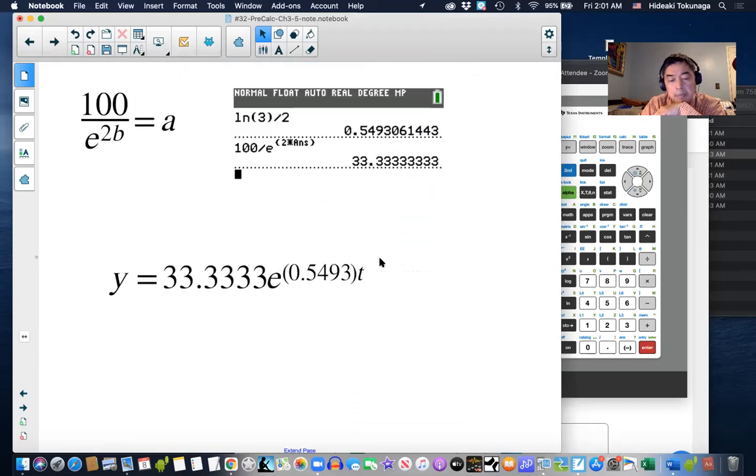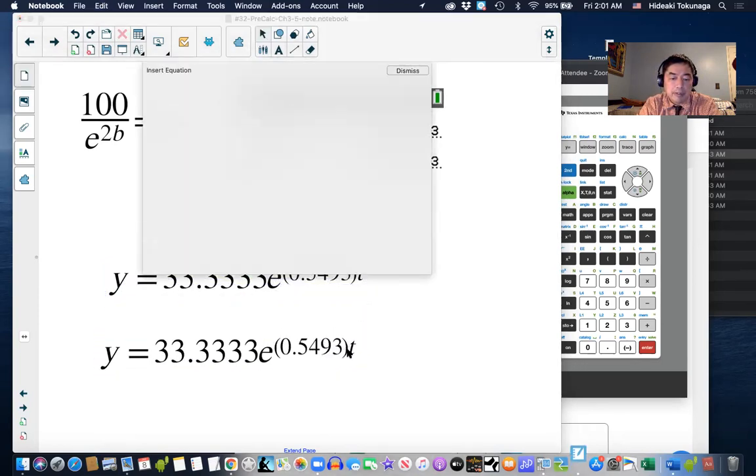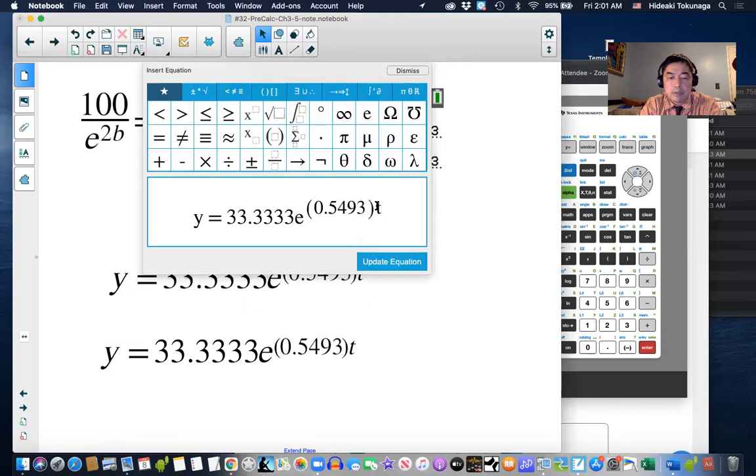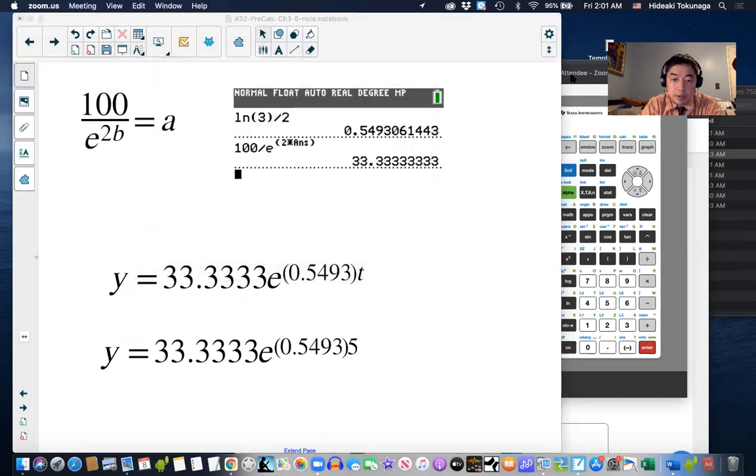Now you have to plug in t equals 5, because they're asking for 5 years. So evaluate at t equals 5. That's it.